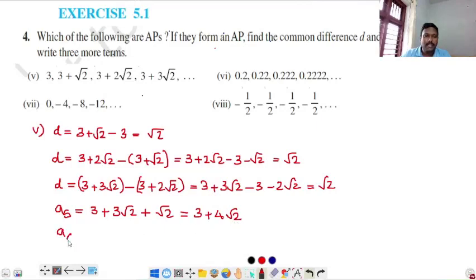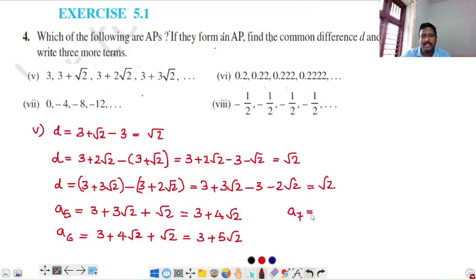Now we can find A6. A6 we can do like this with the fifth term, that is 3 plus 4 root 2. With 3 plus 4 root 2, you can add again the common difference root 2. So you will get 3 plus 4 root 2 plus root 2 is 3 plus 5 root 2. Okay, now we can find A7.